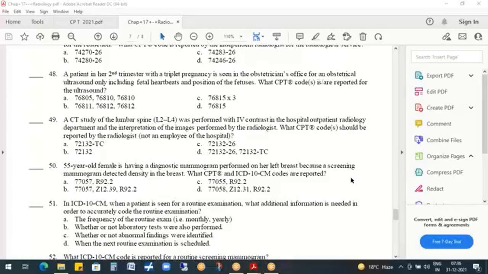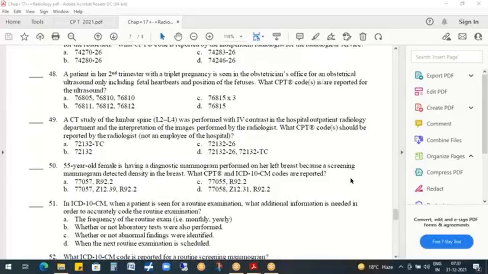An add-on code is used when, for example, you can see triplet pregnancy means she is a carrier of 3 fetuses. At that time, we will use those add-on codes. For example, if she is coming for routine prenatal examination, she is a carrier of triplet pregnancy, 76801, 76802 two times, like that.